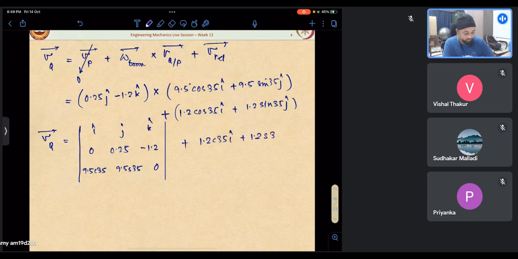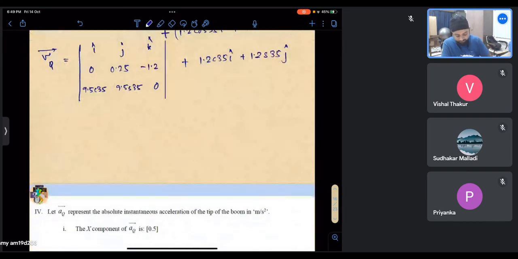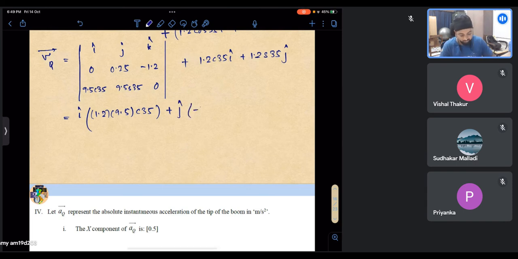Sin 35 j. So the I component comes out to be 1.2 into 9. It comes out to be minus, so minus will cancel out, plus j cap will come out to be minus 1.2 into 9.5 cos 35.